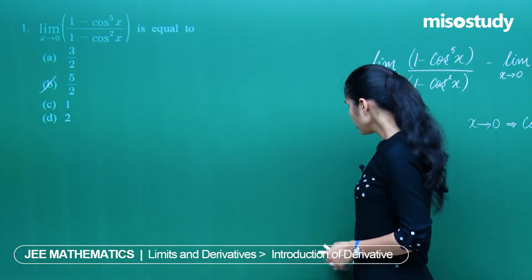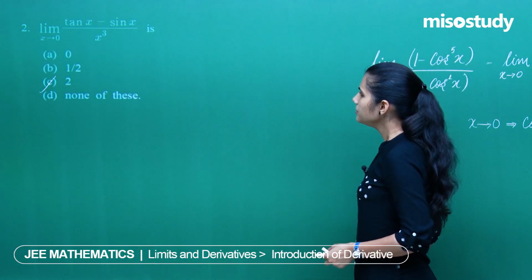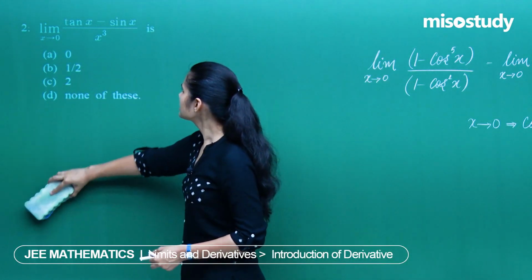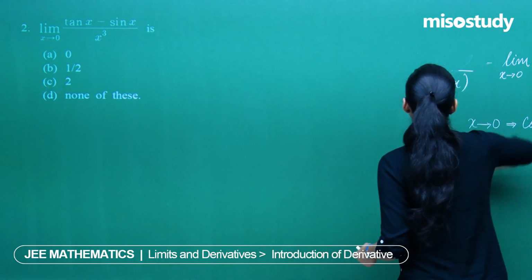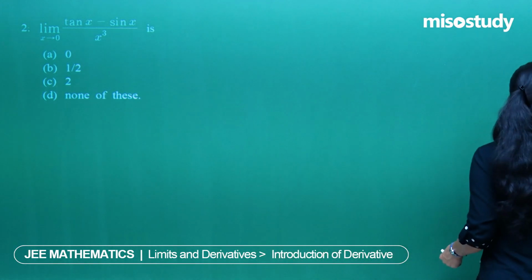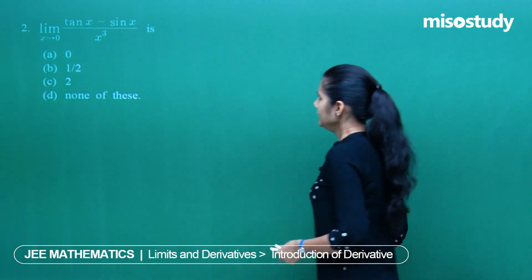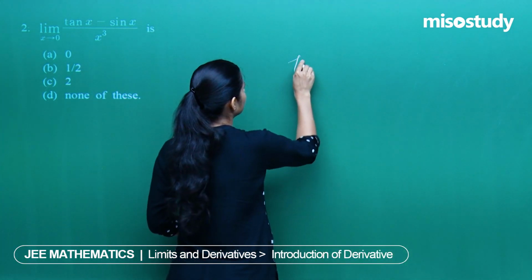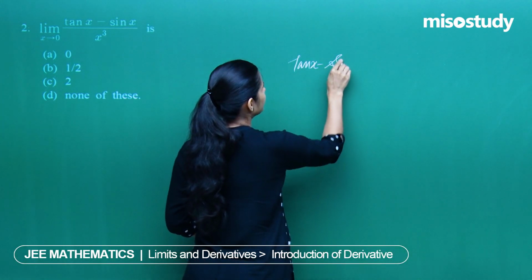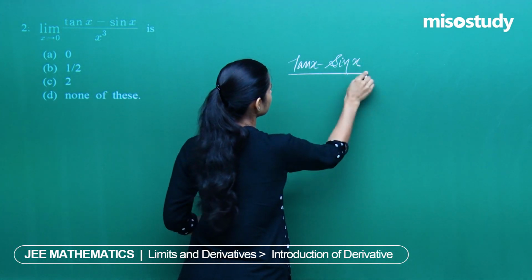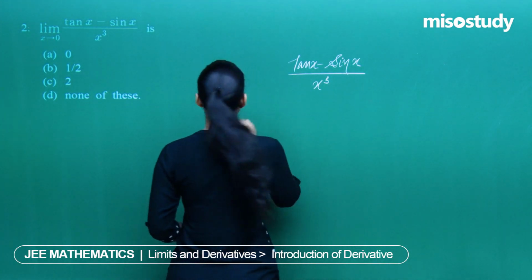Clear? Moving on to the next question, we have limit x tends to 0 of tan x minus sin x whole upon x cube. Let's try to see what this limit turns out to be.